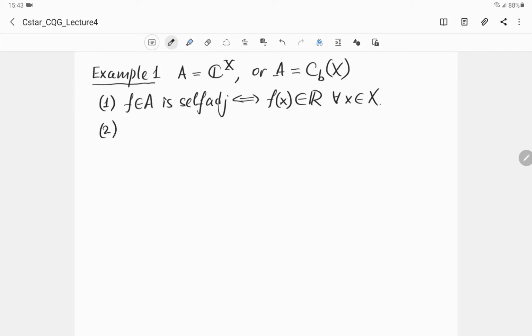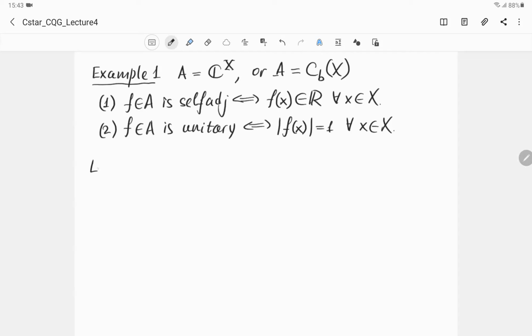And f is unitary if and only if the absolute value of f of x equals 1 for each x. This easily follows from the definition. In our case, the involution is just the pointwise complex conjugation.